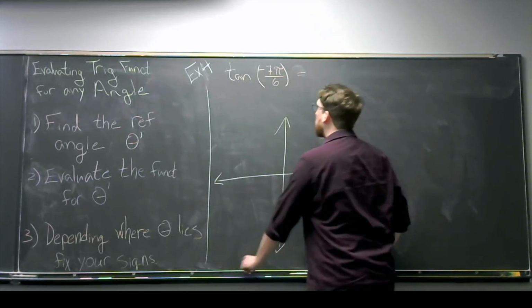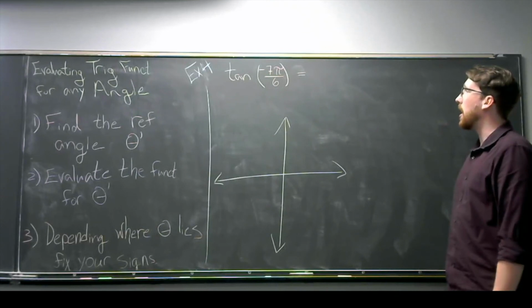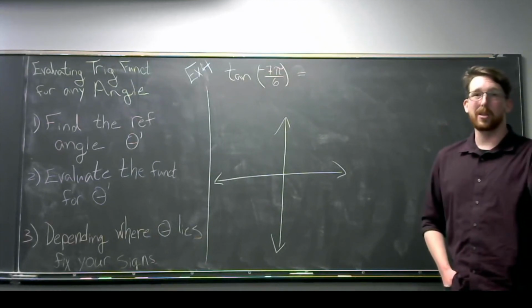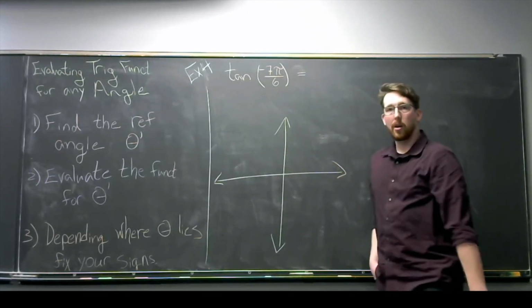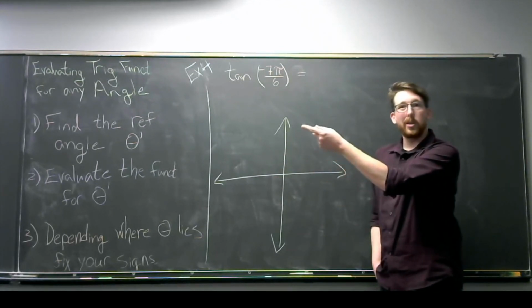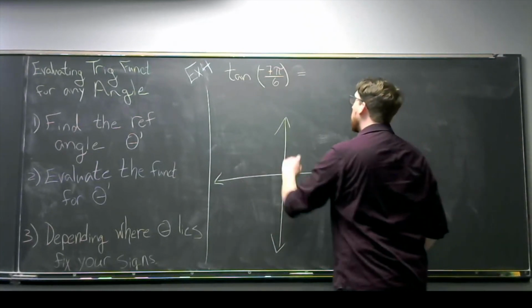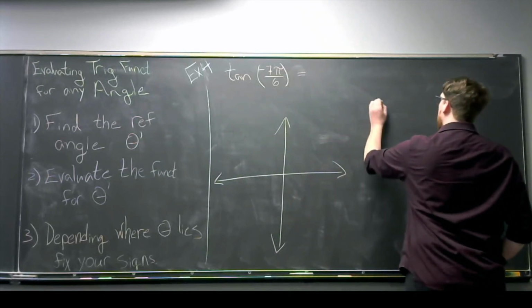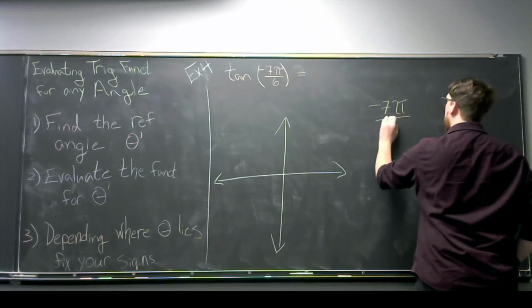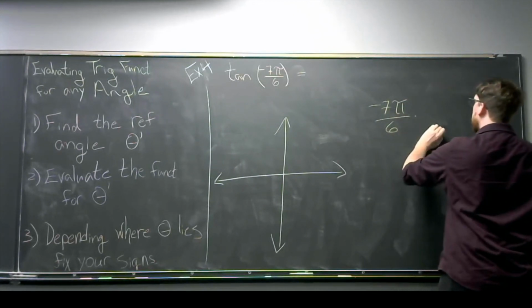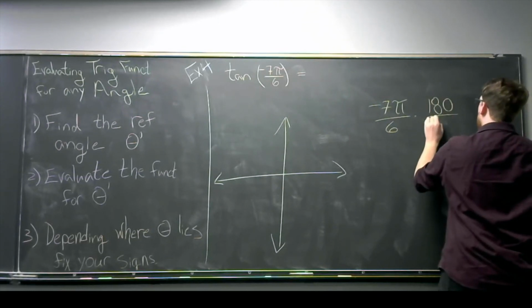Well, I don't know about you, but looking at this, I have no idea what negative 7 pi over 6 is in degrees. And I don't want to sit here and figure it out, right? So let's go ahead and just put this in degrees because we're familiar and comfortable with degrees. Okay? So, really quickly converting that, negative 7 times pi divided by 6 times 180 over pi.